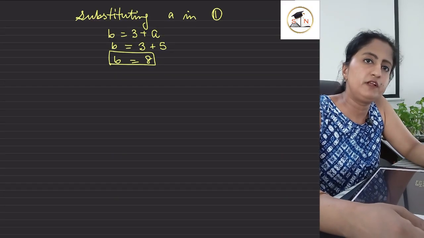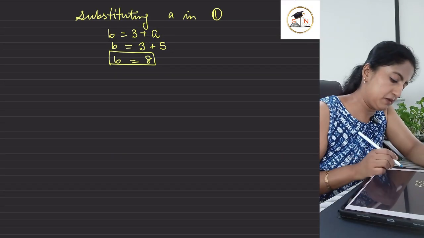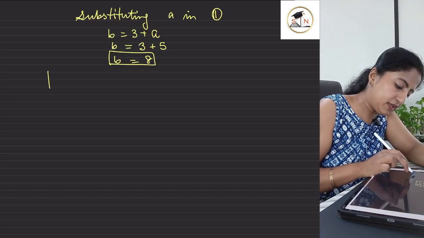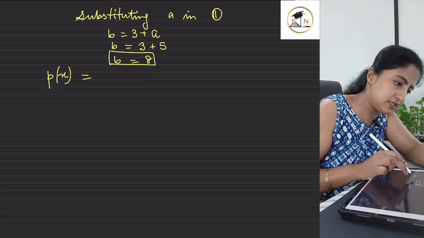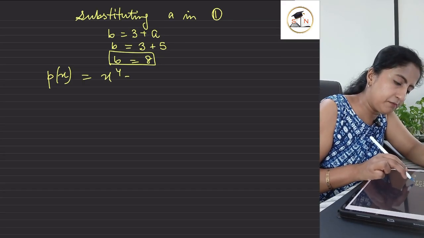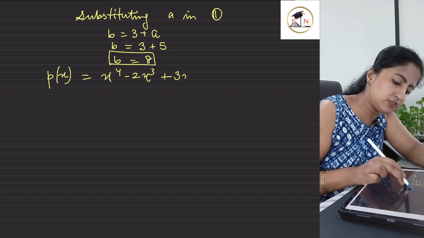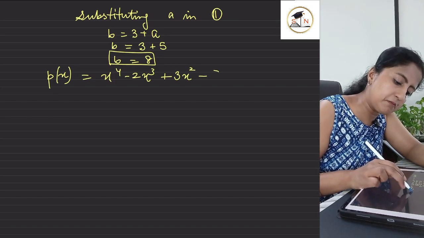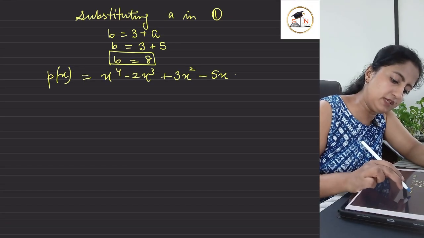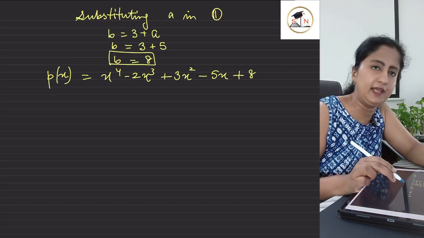Now, we will finalize our initial polynomial by putting in the values of a and b over there. So, we will rewrite our polynomial, which was x to the power 4 minus 2x cube plus 3x square. It was minus ax, so that becomes minus 5x plus b, that means plus 8.